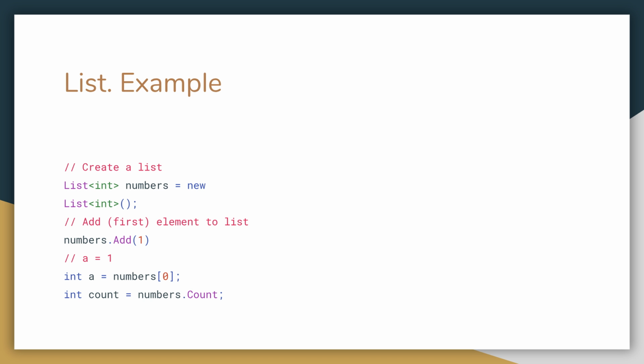Note that count is a property and not a method, because list is smart the way it does with the count. When you create a list, the count is 0. When you add a single element to a list, the counter will be incremented through the add method.